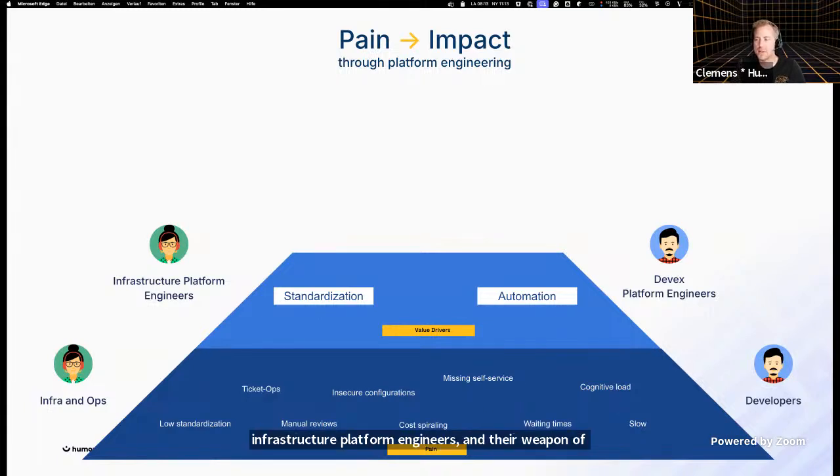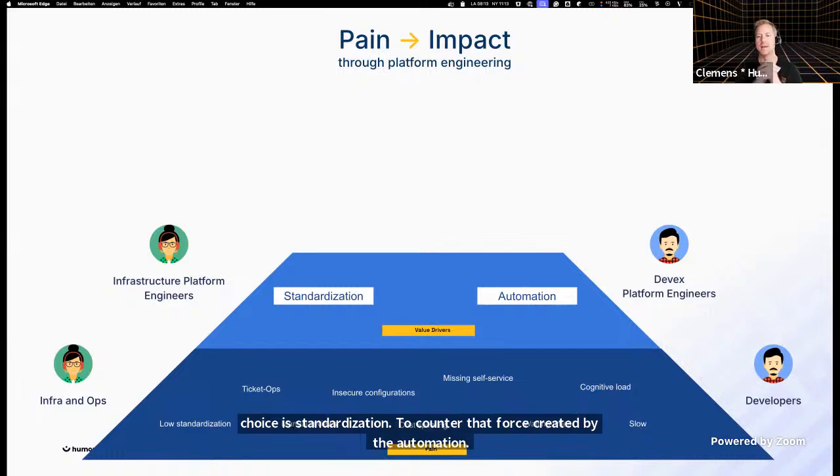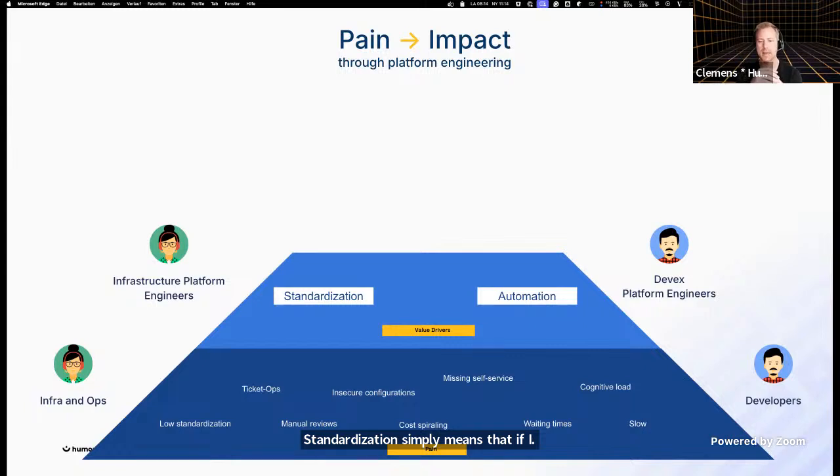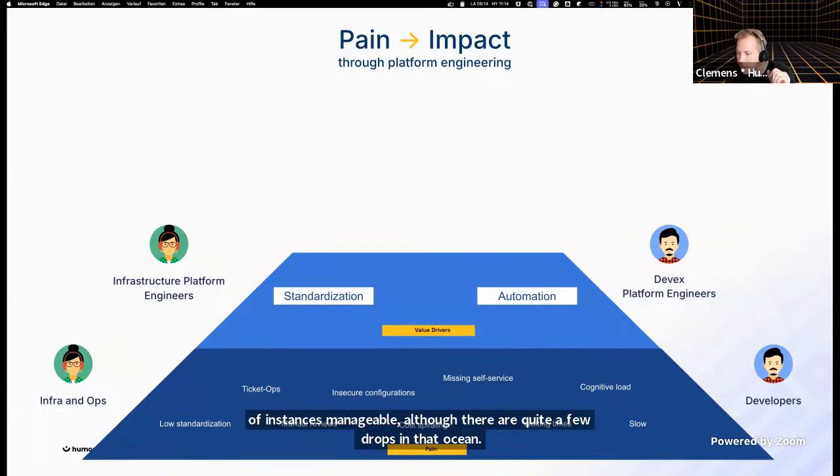Standardization simply means that if I have a very standardized way of creating databases and I only have a few invariants, then I can employ fleet management tactics to actually move them all at once. And through that standardization, I'm able to make this sea of instances manageable nevertheless, although there are quite a few drops in that ocean.